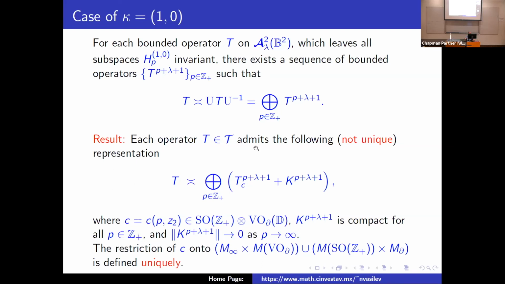Each Toeplitz operator admits the following non-unique representation. There is the Toeplitz operator with the same symbol C on a differently weighted Bergman space plus a compact operator. This symbol C is uniquely defined on this set and can be arbitrarily extended by continuity to the rest of its domain. And the Toeplitz operator and the compact operator tend to zero in norm when P tends to infinity.